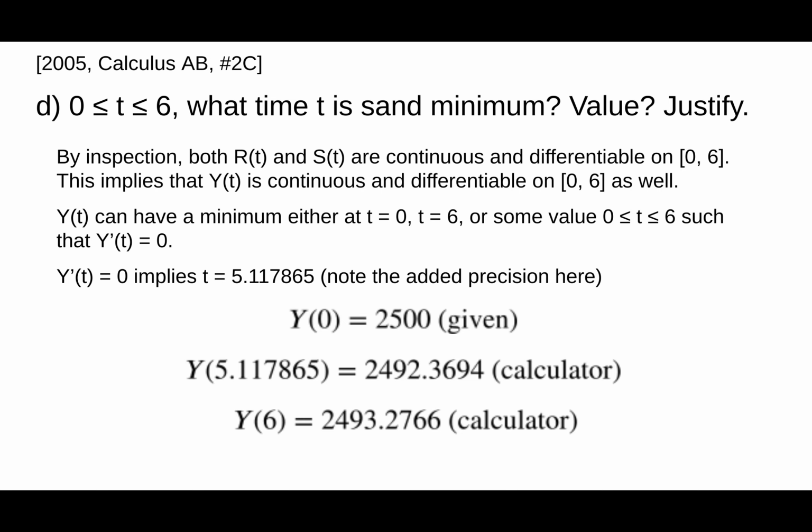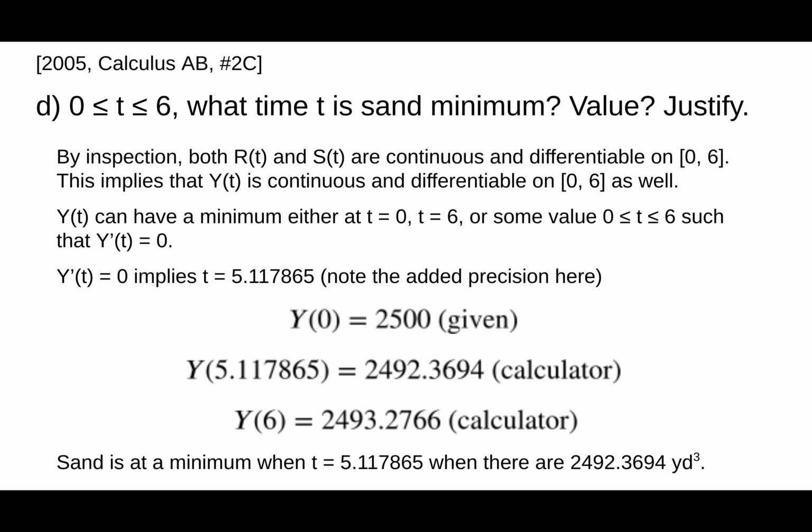I'm sorry, 0.369, or truncate it. You're going to get the 0.369 either way. So the minimum amount of sand occurs when t is equal to 5.117865, however you want to handle that. And the amount of sand on the beach at that time is 2,492 cubic yards plus that 0.369.